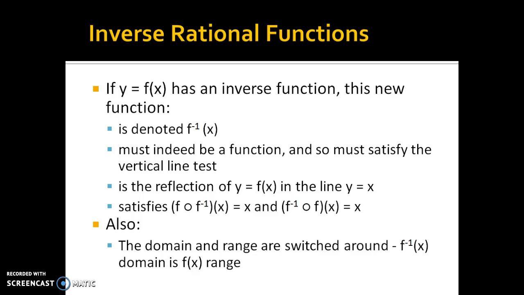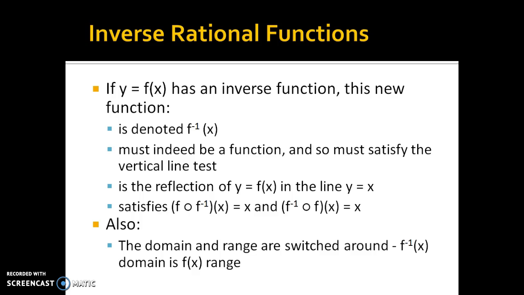Remember, inverse functions have to be denoted as f to the -1. It also has to be a function, so it must satisfy the vertical line test. Draw a vertical line anywhere, and it can't touch more than 1 point. If the vertical line you drew touches more than 1 point, that rational function does not actually have an inverse, because if the inverse is not a function, it doesn't have an inverse.